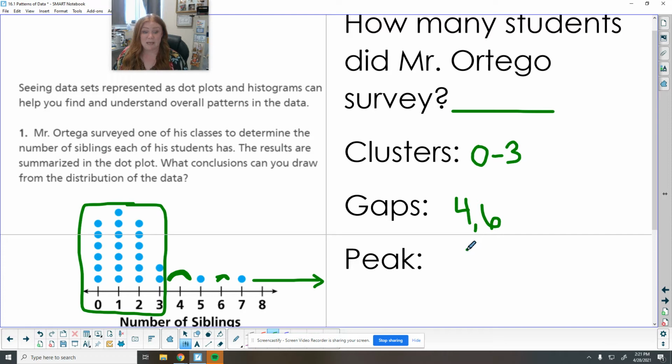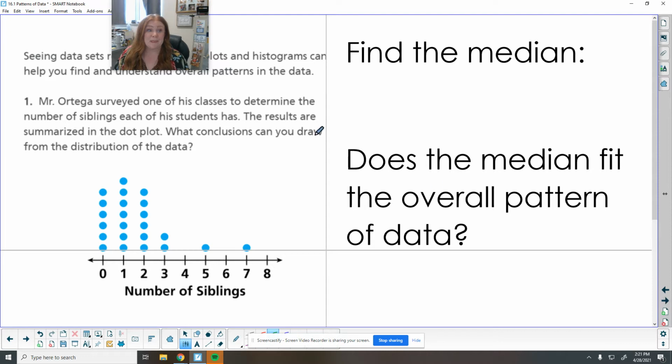It has one peak with the number 1. So we've got one cluster here, 2 gaps at 4 and 6, and one peak at the 1. You can see all of that different information displayed in your dot plot very easily. So now we're going to find the median here.